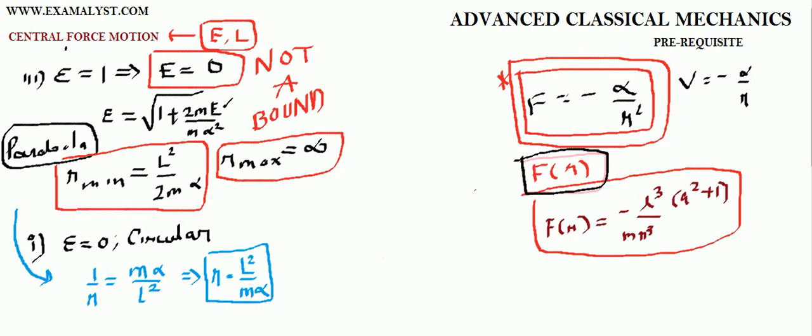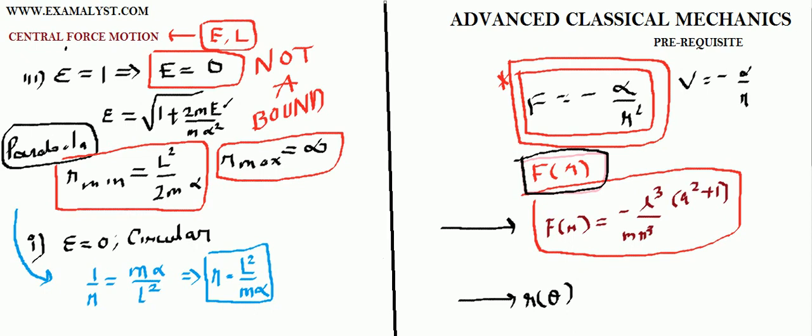So now the problem is, if you are given the force, how can you find r of theta? In our last lectures, we used the energy approach, and by using it we solved everything.